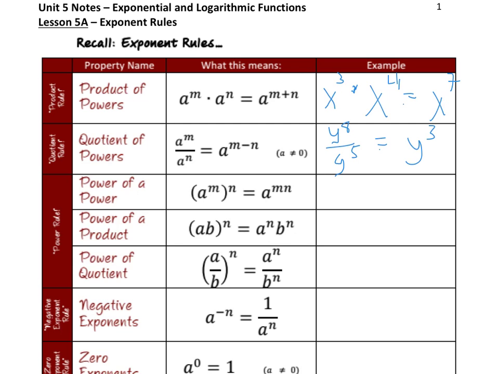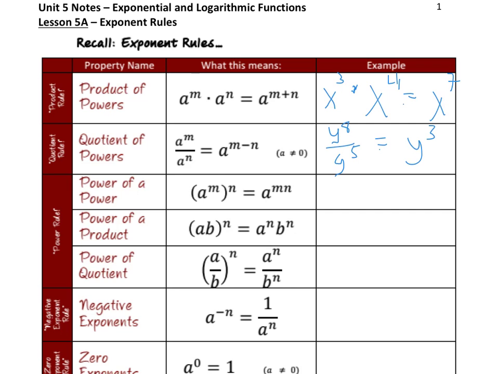And then the power of a power rule is kind of fun because you get to distribute this exponent here into everything that's inside. And if you look down to the next line, the power of a product, that's pretty much what you do. You take this exponent and you send it into each of the two things that's inside there. Same with the quotient rule. They're all pretty well related to each other, so I'll do just some quick examples.